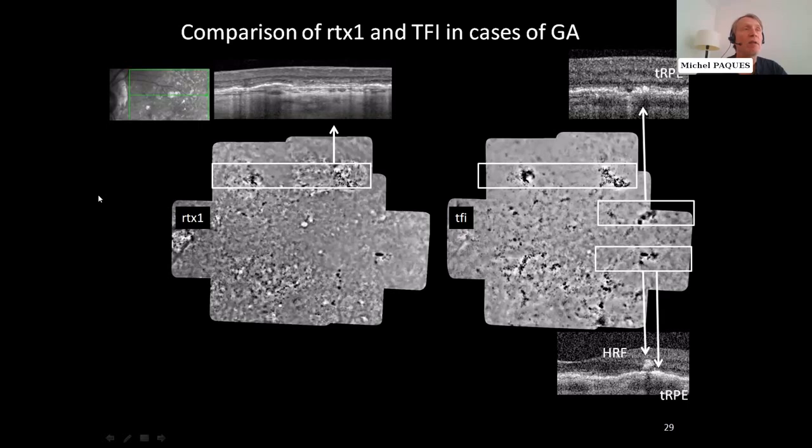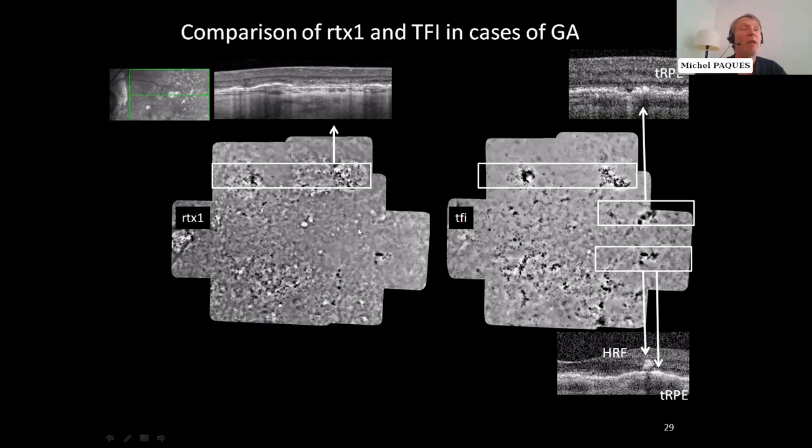And since we do an intensive amount of work now on age-related macular degeneration, it appears that the TFI image can detect pigment dispersion at a higher resolution, even than with the RTX-1, which is already highly performing.